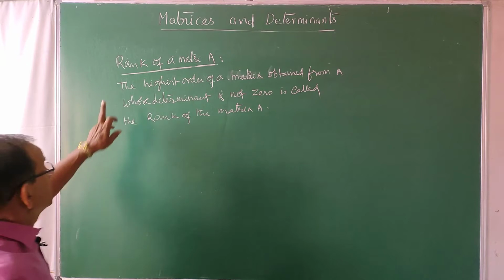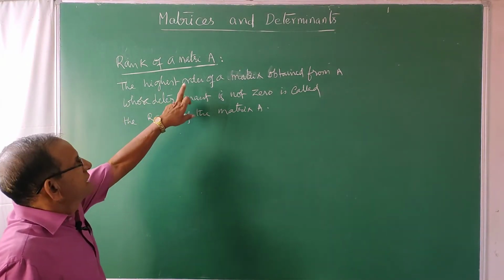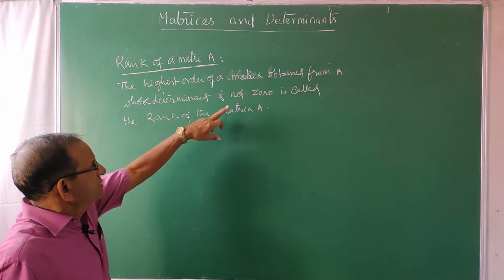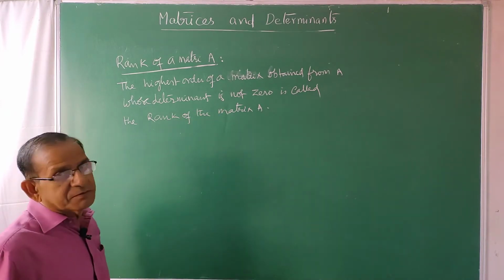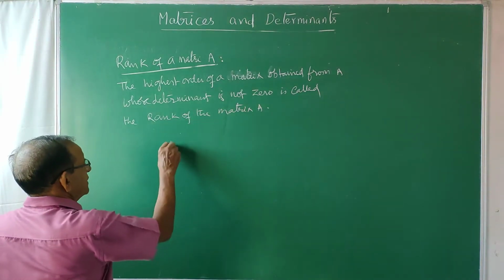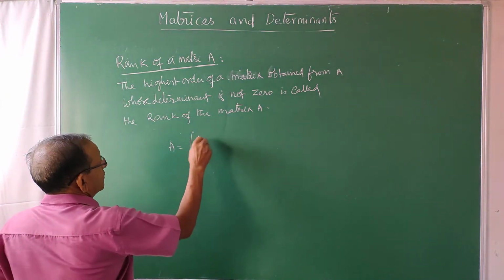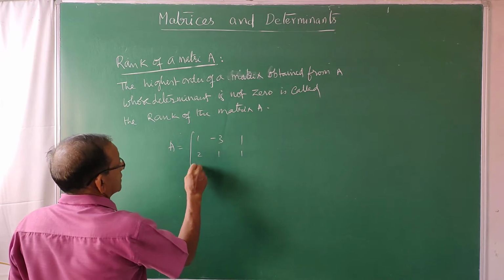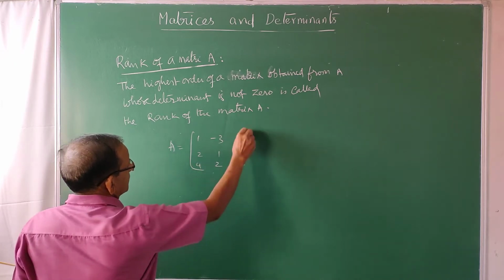Now rank of a matrix, that is the highest order of a matrix obtained from A whose determinant is not 0, is called the rank of the matrix A. For example, if A is equal to 1 minus 3 1, 2 1 1 and 4 2 2.